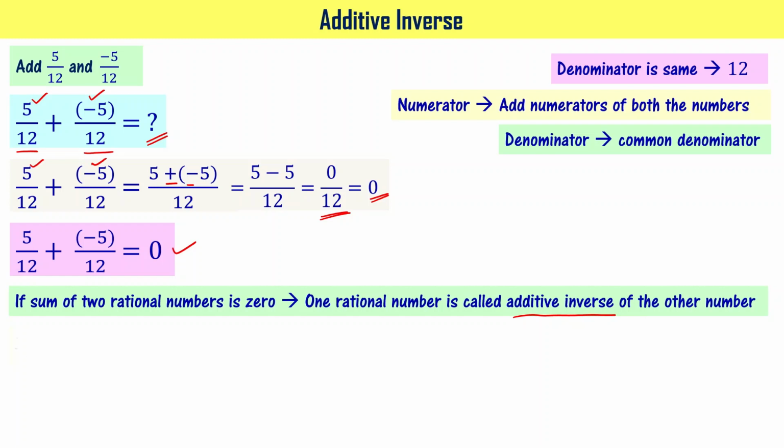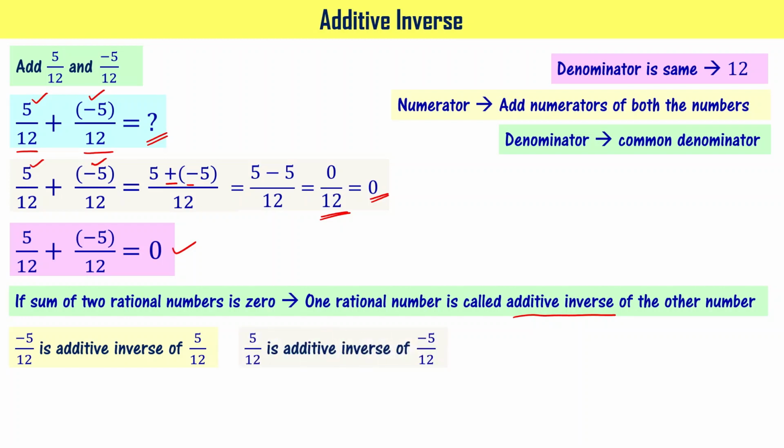It means minus 5 by 12 is the additive inverse of 5 by 12, right? Meaning when you add minus 5 by 12 to 5 by 12, you have got the resultant number as 0. Similarly, I can say 5 by 12 is the additive inverse of minus 5 by 12, right? When you add 5 by 12 to minus 5 by 12, you are getting 0 as the answer, right? That's why this particular number is the additive inverse of this.